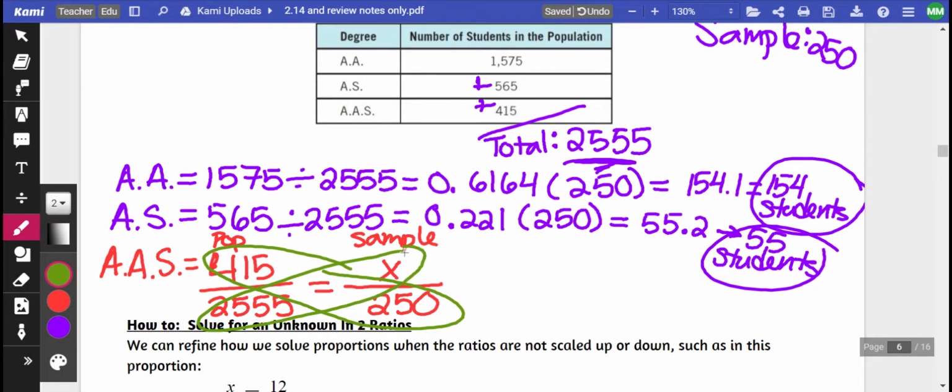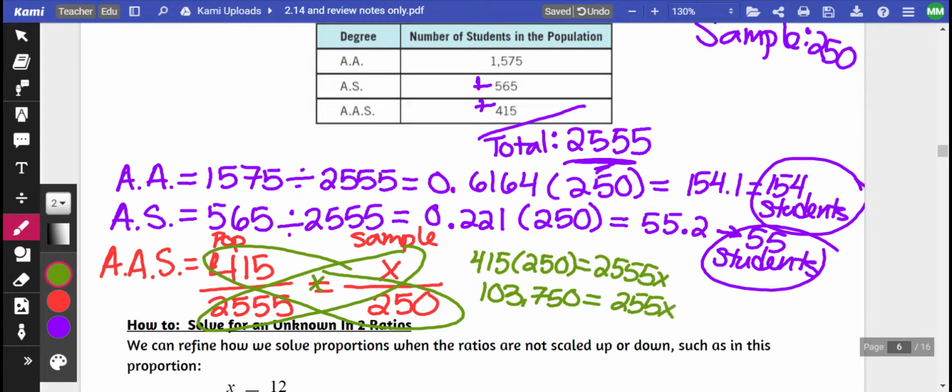So you're going to take 415 times 250, and that will end up equaling 2,555x. If you multiply those together, you get 103,750.